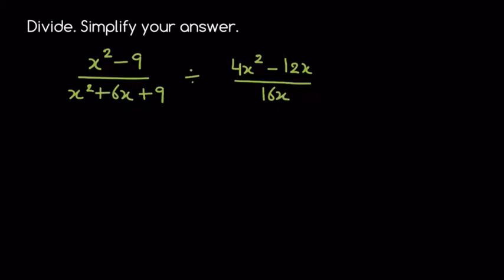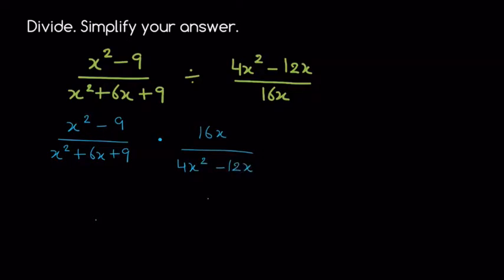So we keep the first rational expression as it is, times the inverse of the second rational expression. We need to make sure that numerators and denominators for both rational expressions are factored.